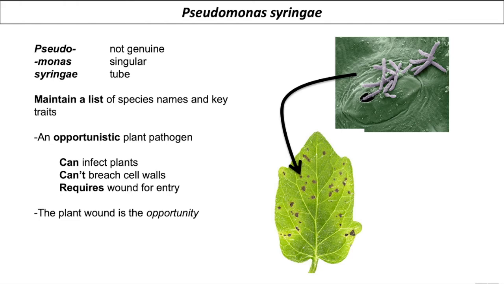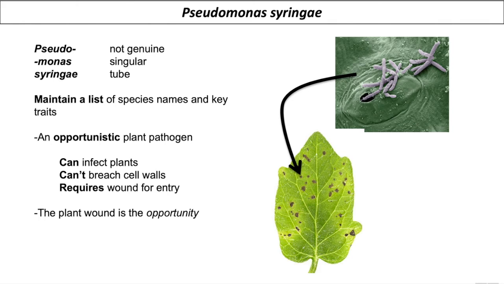A monad or a monas is referring to singular, so you don't see the cells in groups of 2 or 4 or larger groups. You typically see them isolated from each other. And then syringae, as you might guess from that term sounding like syringe, refers to a tube. And in this case, it's a little bit confusing. People get this mixed up quite a bit.